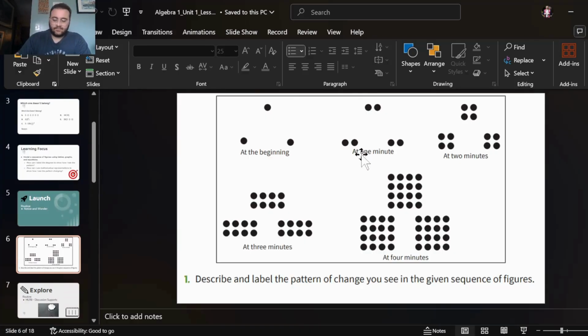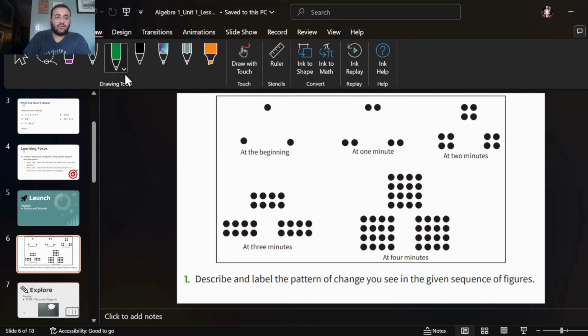Okay. So here's our pattern now. And again, you're tasked with describing and labeling the pattern of change that you notice. And I'm going to ask this question again because it's just so important for this unit. As you're labeling your pattern, take note of the minute and how you can relate the minute that you're on to the pattern of growth that you're seeing.